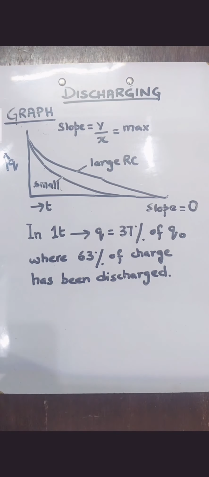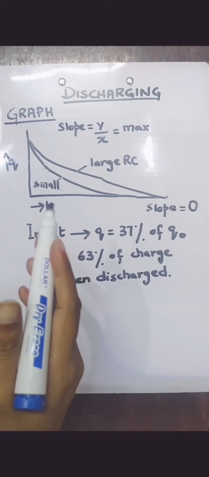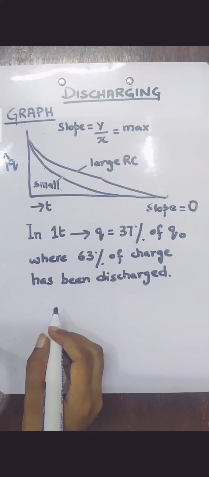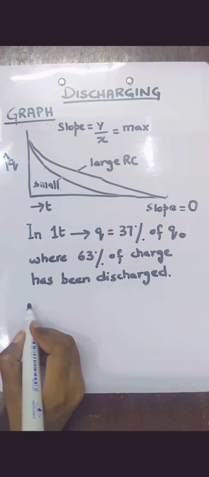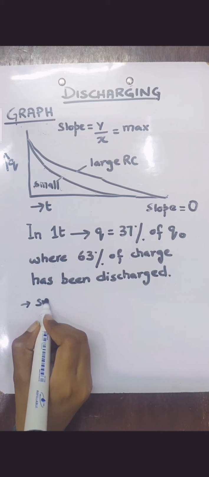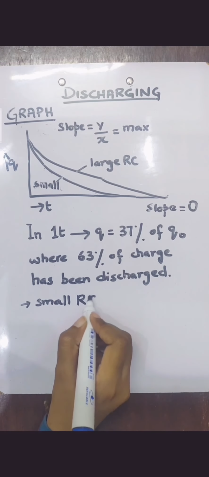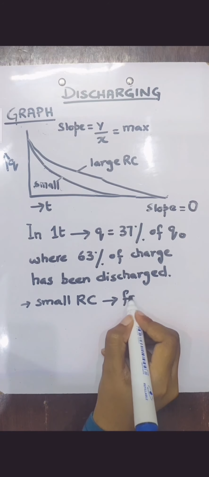And again, the same thing, this is a q-t graph, and the values can be shown. So in 1T, we are having 37% of the q naught charge residing on the plates, and 63% has been discharged. And what does that mean, that we are having a small RC and a large RC? Small RC means a small value for the time constant, which means any capacitor will charge and discharge very fast.